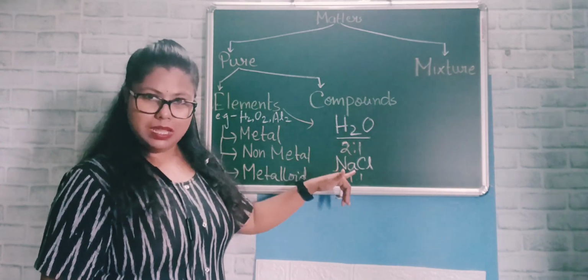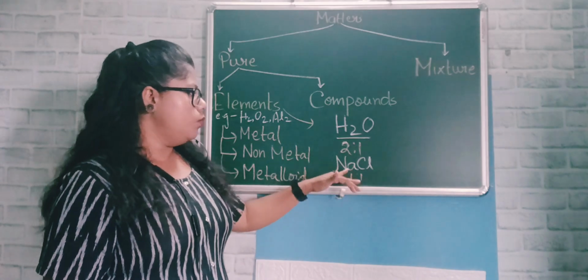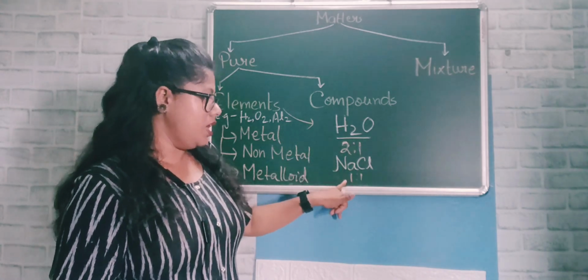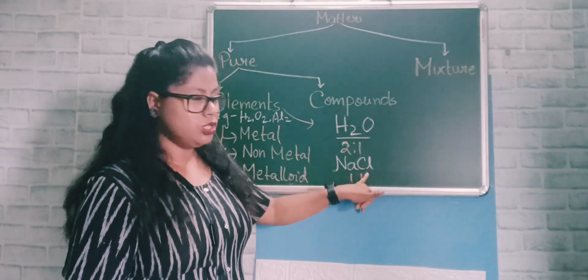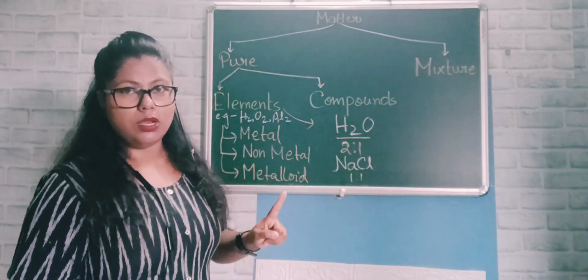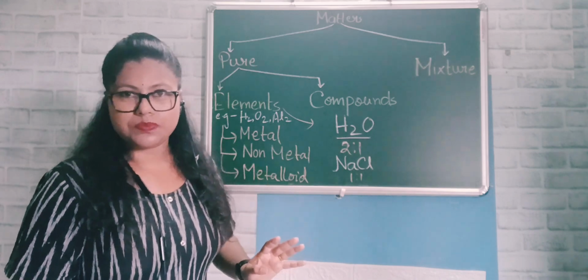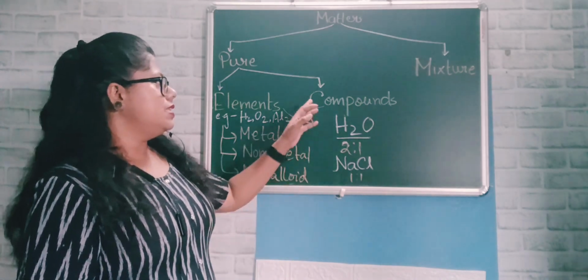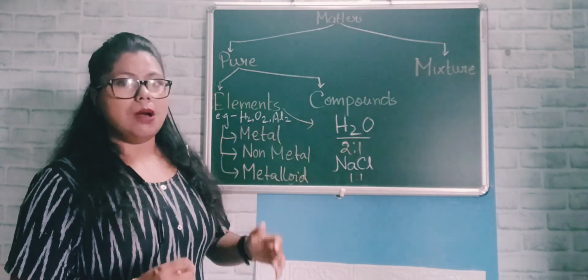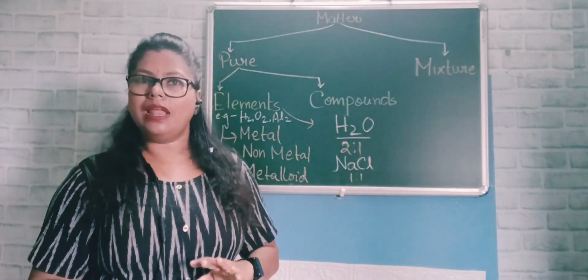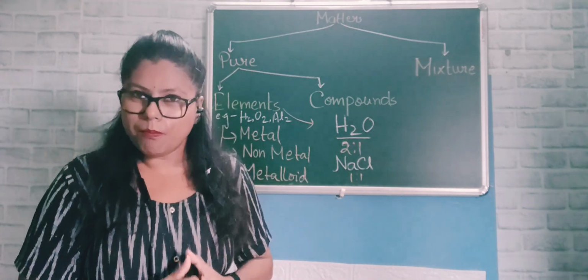They are in a chemical bond where 1 portion of sodium reacts with 1 portion of chlorine to form 1 molecule of this compound, that is common salt. So basically a compound is a combination of elements in a fixed proportion and within a chemical bond.